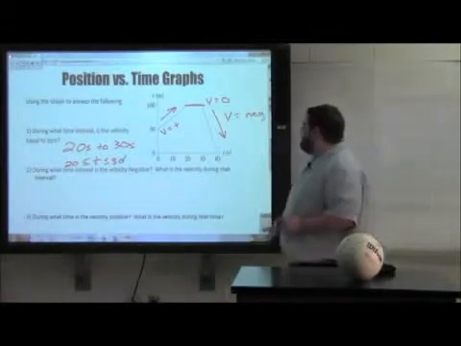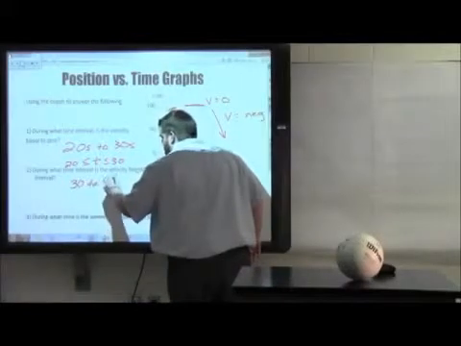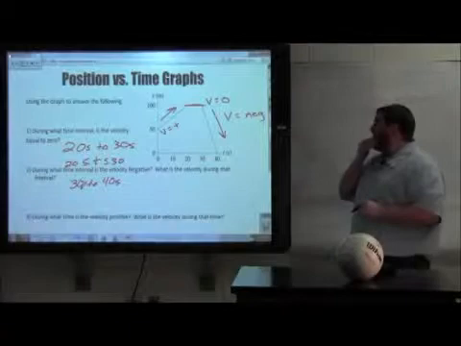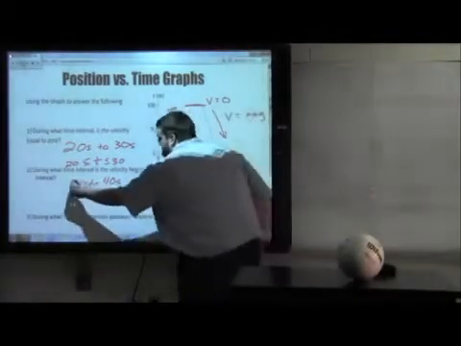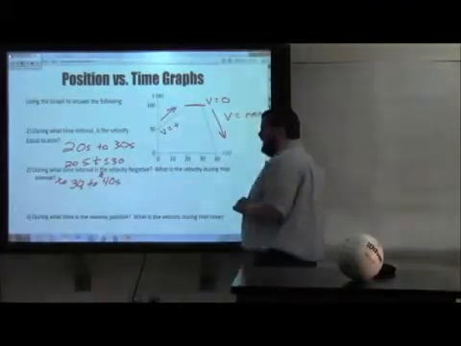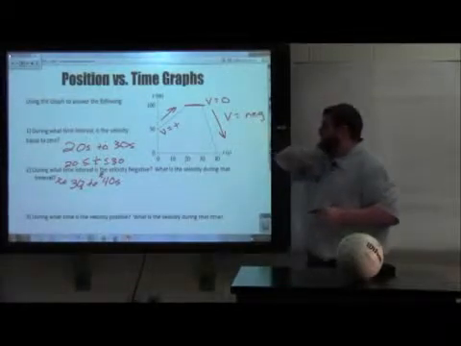So during what time period is it negative? Well, it's 30 to 40 in terms of time. And what is that velocity during that interval? What you need to realize then is this 30 seconds would be your initial time, and this 40 seconds is your current time. And then you have a current and initial displacement, x, with it.